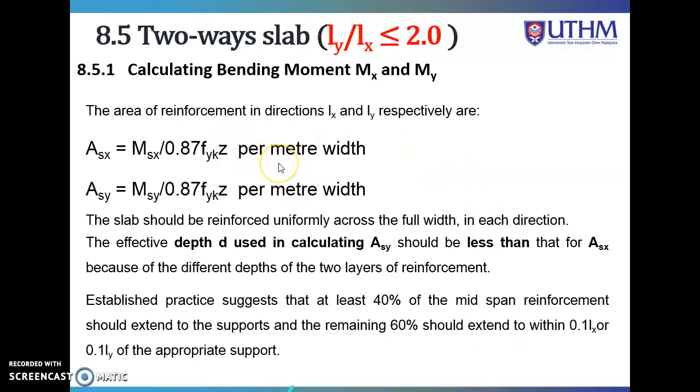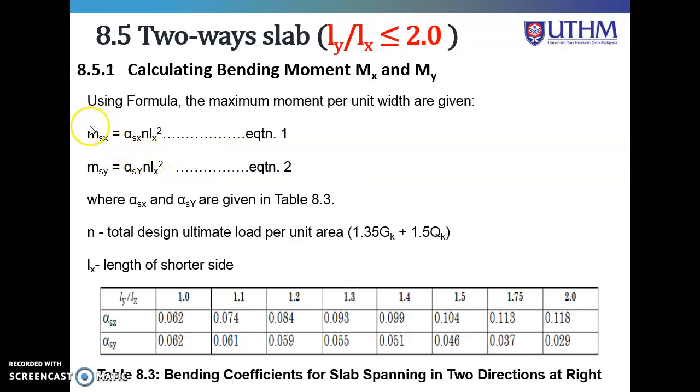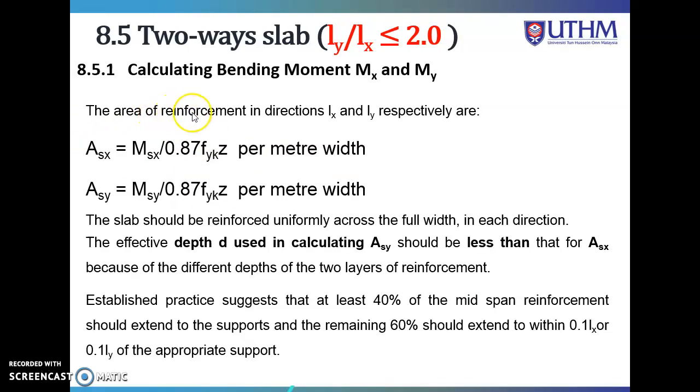So after kita dah dapat m, okay, m ini sama dengan yang kita dah kira ni. So the area of the reinforcement in the direction Lx and Ly by using this equation per meter width. So you already know where this equation comes from, right?